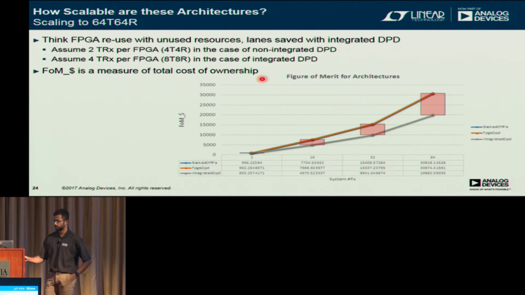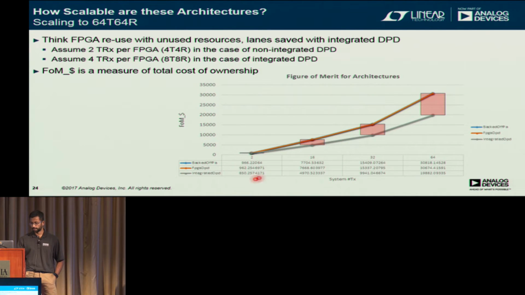And the numbers show, and these are all based on what I could find on DigiKey or Xilinx and ADI websites for 1,000+ units, that the integrated DPD solution offers quite more improvement in the figure of merit that I just established over a lifetime as you increase the number of signal chains. So that makes it a compelling argument to start looking at it as an architectural alternative.